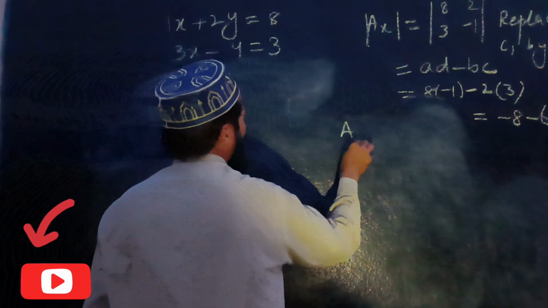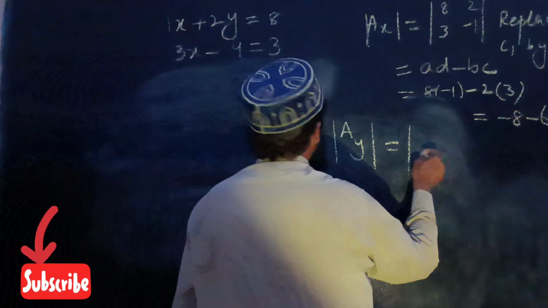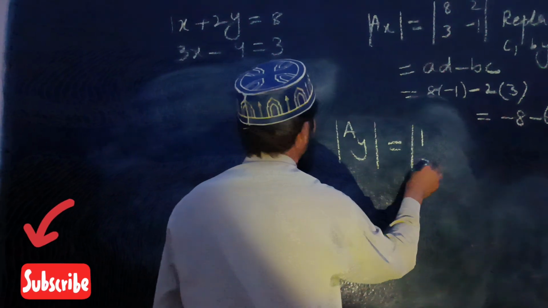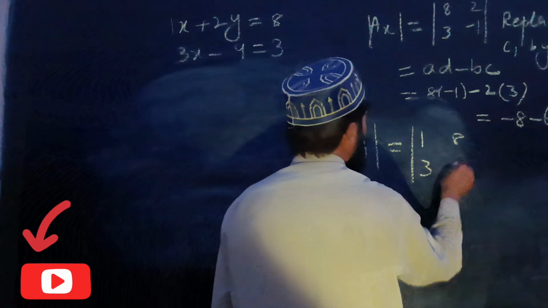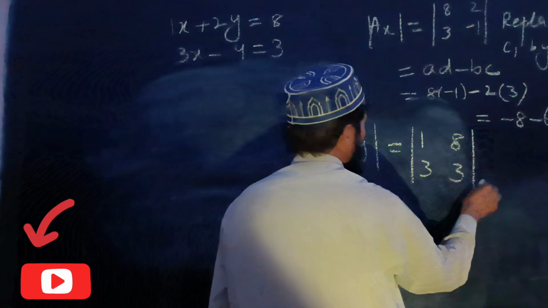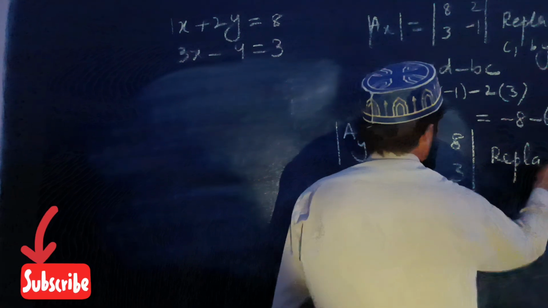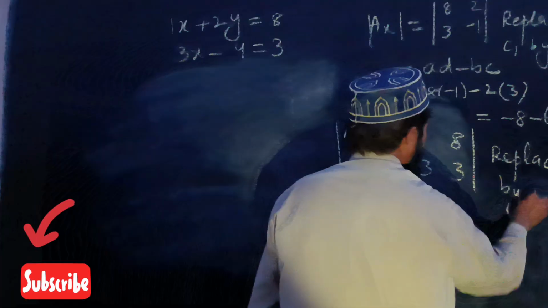And the determinant of Ay: now we replace the second column by the B values, 8 and 3, so we get 1, 3 and 8, 3. We replace column 2 by the B values.